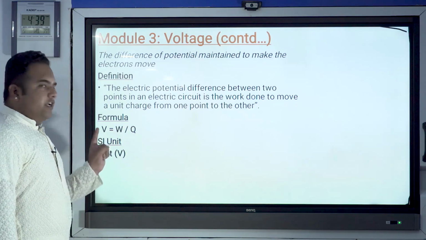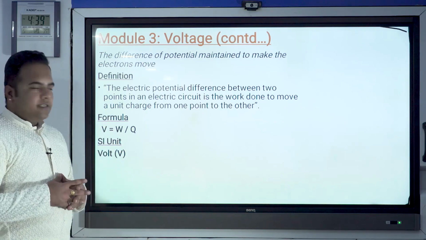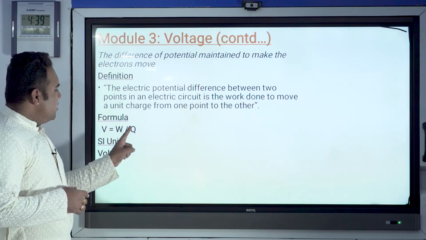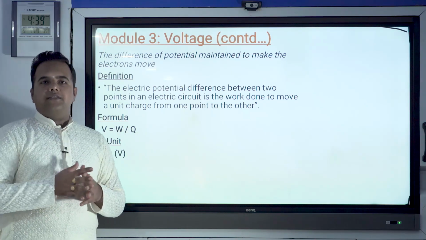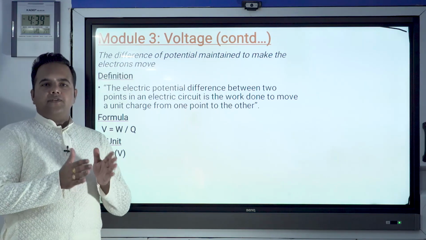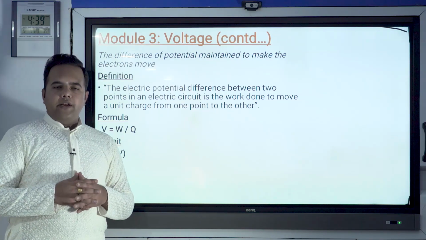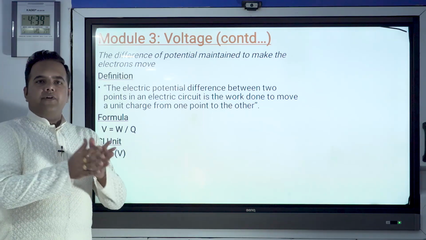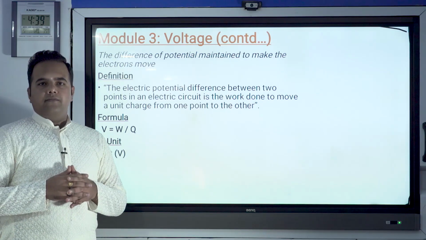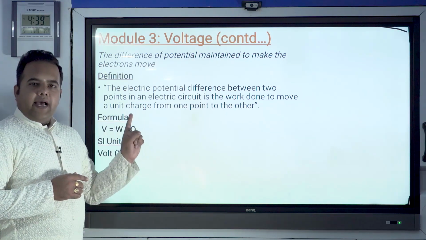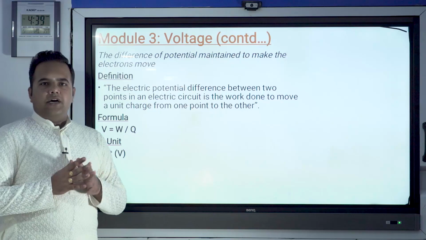The voltage of 9 volts means that 9 joules of energy is being given to every coulomb of charge that is moving. So every coulomb of charge means a set of 6.25 × 10^18 electrons. So every set of these electrons is being given 9 joules of energy. And then the energy lasts as long as the battery is charged.